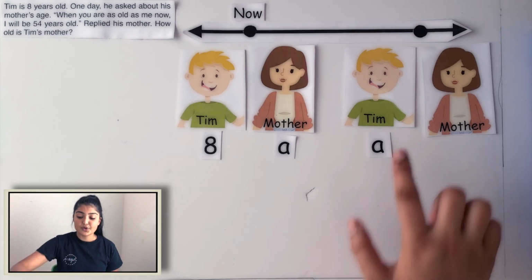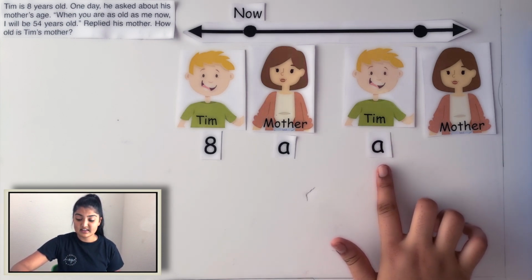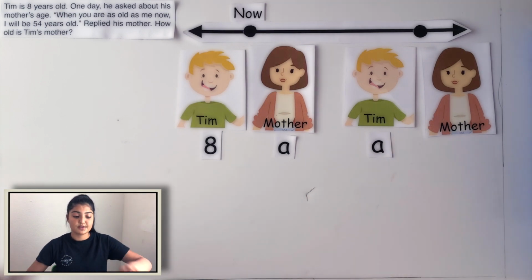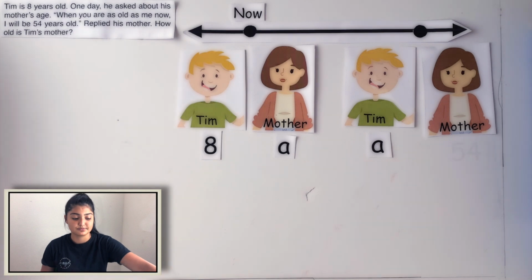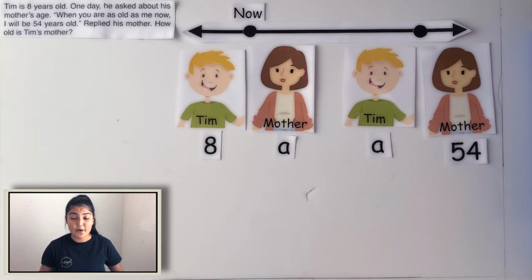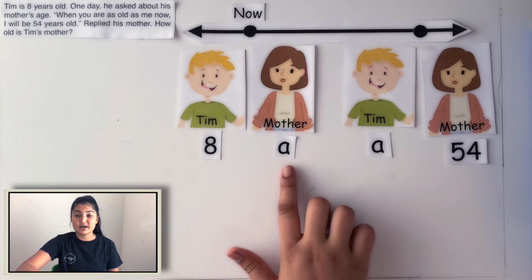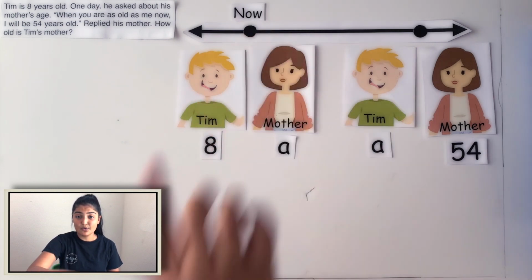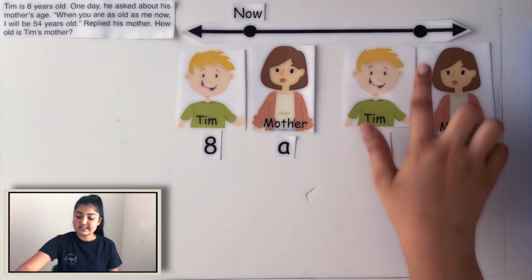Well, when Tim is A years old, his mother will be 54 years old. So now we know Tim and his mother's ages now and their ages sometime later.